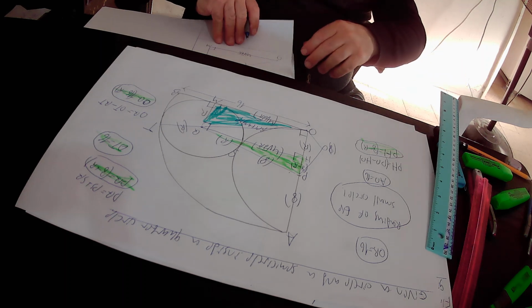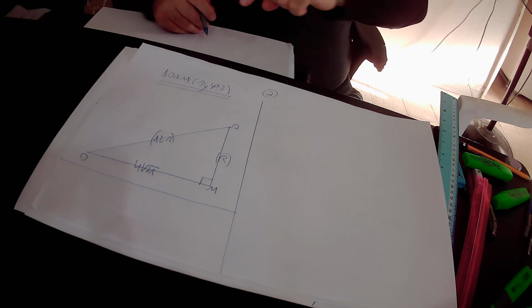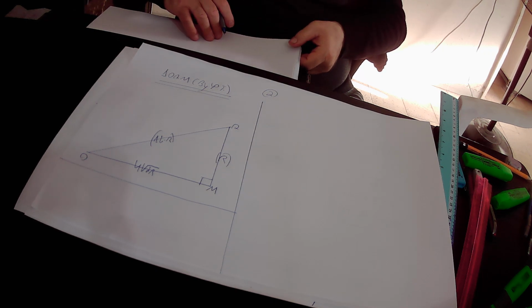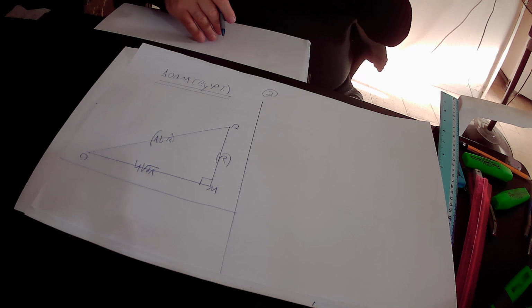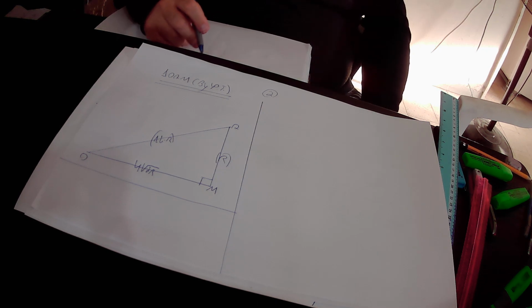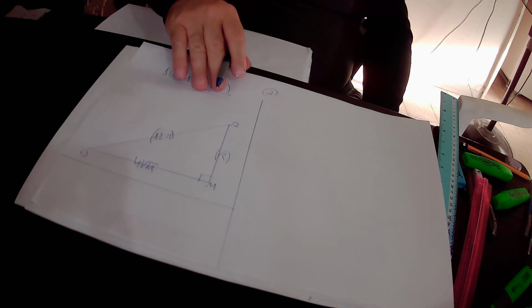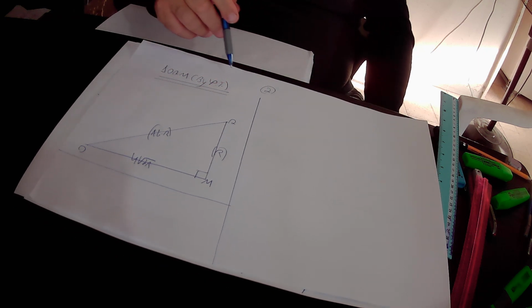So actually, this is the right blue triangle OQM from the original drawing. According to the Pythagoras theorem, in this right triangle OQM, QO square equals QM square plus MO square.